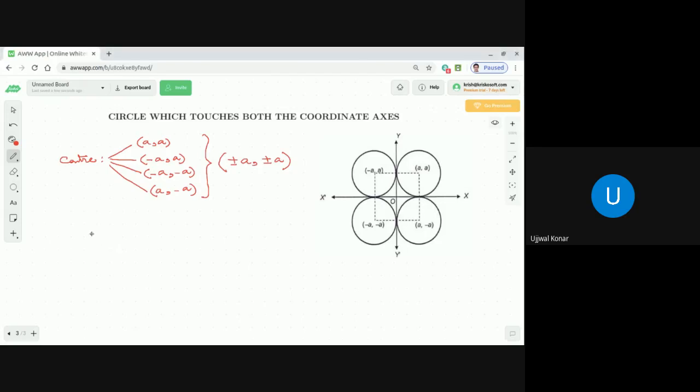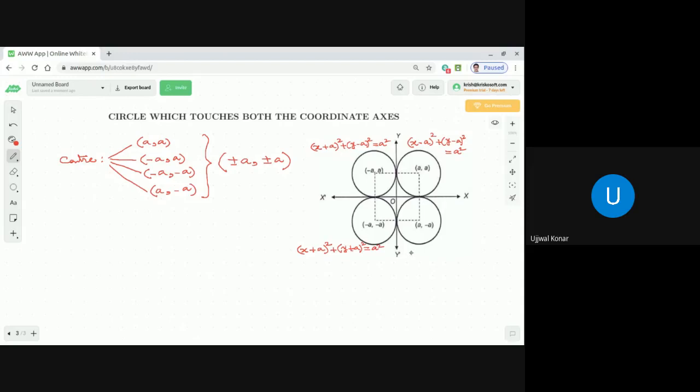The first circle's equation will be (x - a)² + (y - a)² = a². For the second one, it will be x minus of minus a, that is (x + a)² + (y - a)² = a². The third one you will get is x minus minus a, that is (x + a)², plus y minus minus a, that is (y + a)², equal to a².